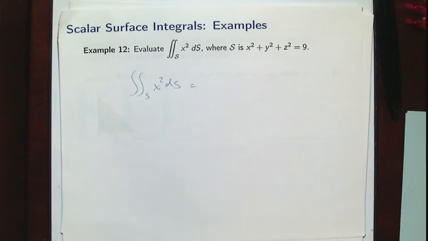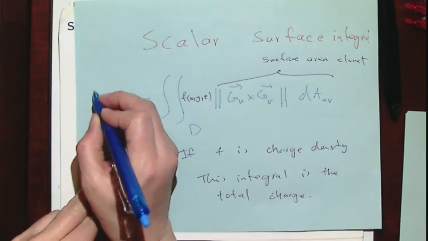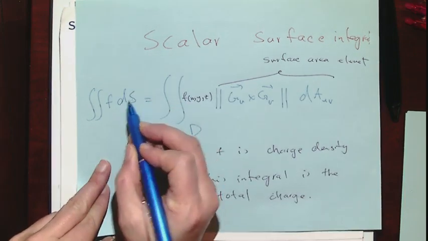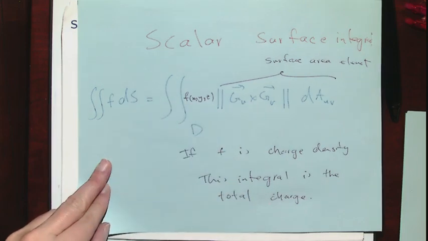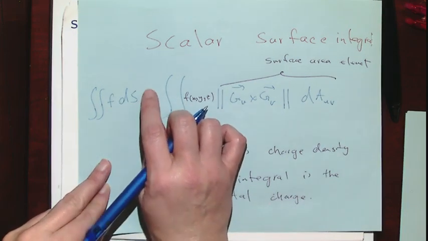Oh, darn it. Let's go back. I forgot the notation. This is the scalar surface integral. The notation for this is F dS.